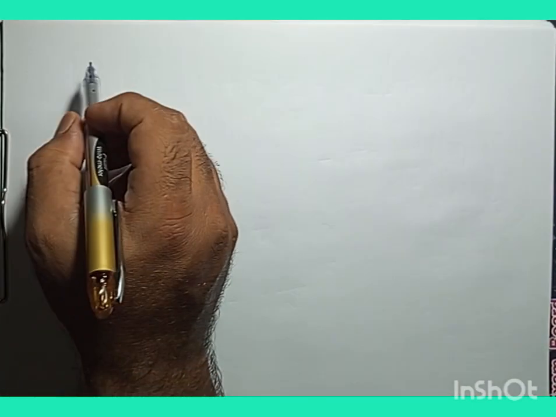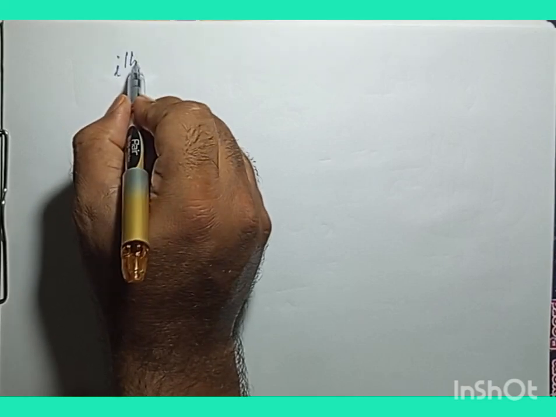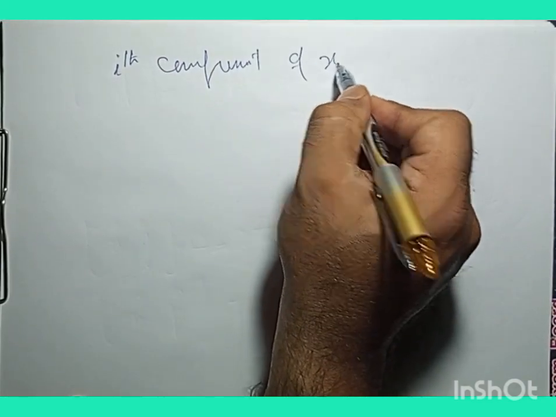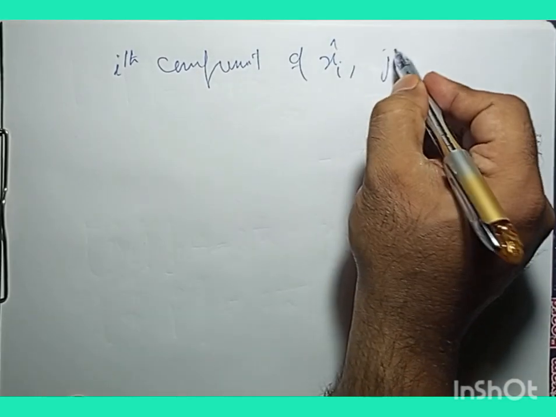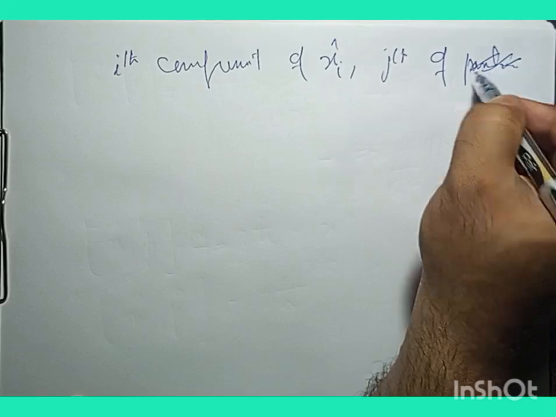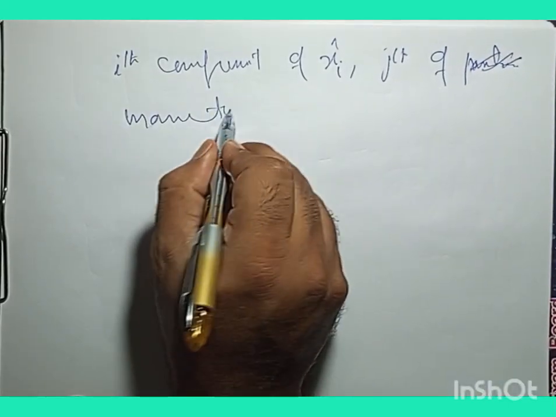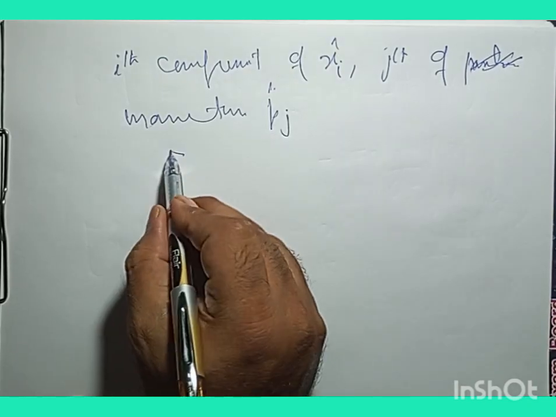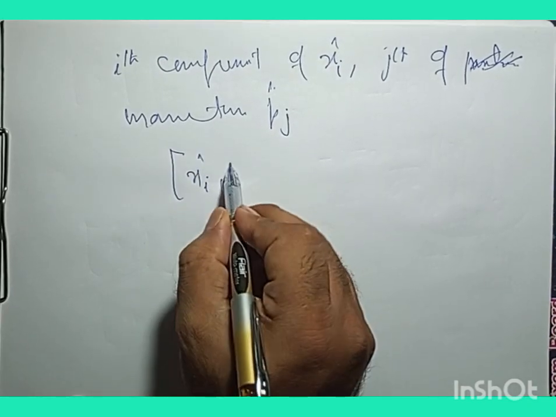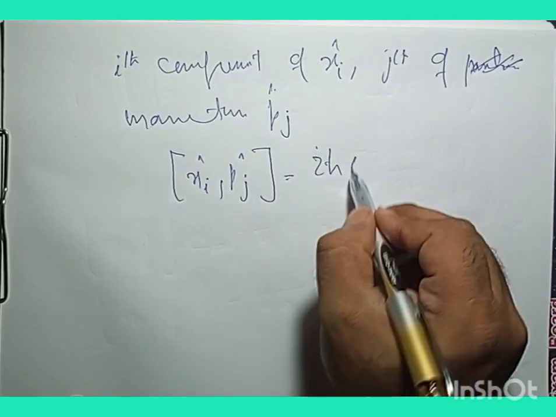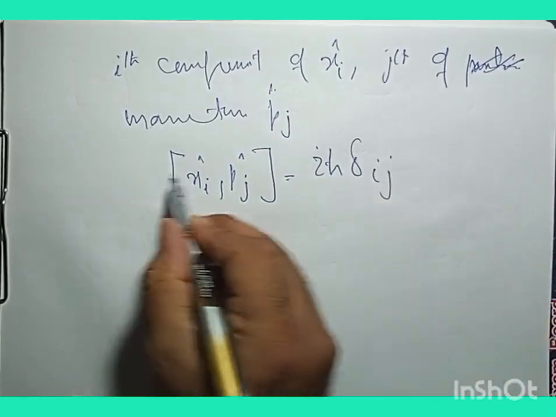If we take some ith component of position xi cap, and some jth component of momentum pj cap, then the commutation between xi cap and pj cap can be written as iħ delta ij.